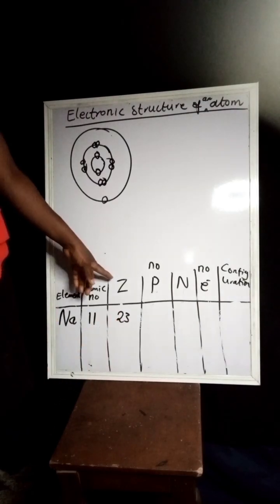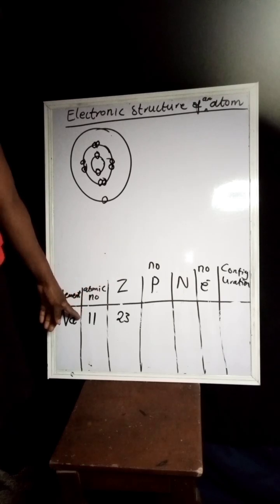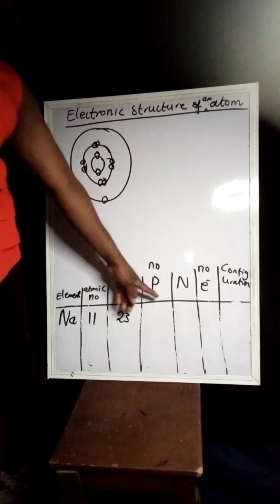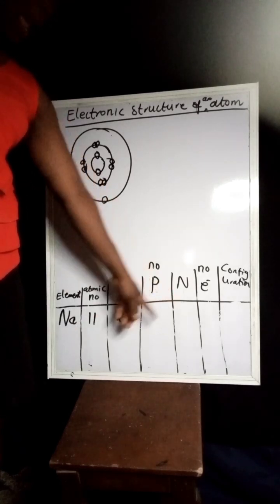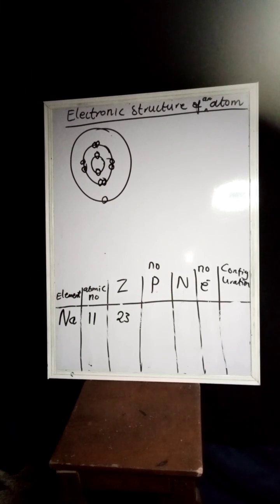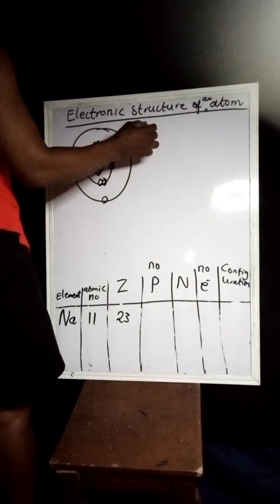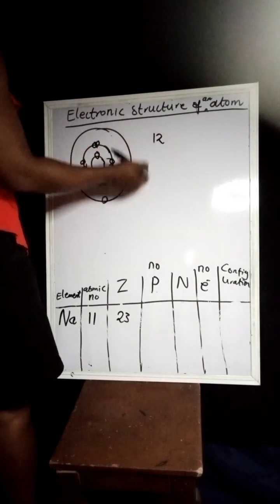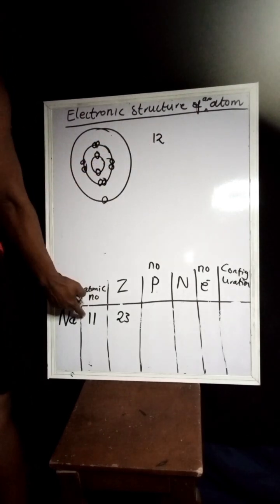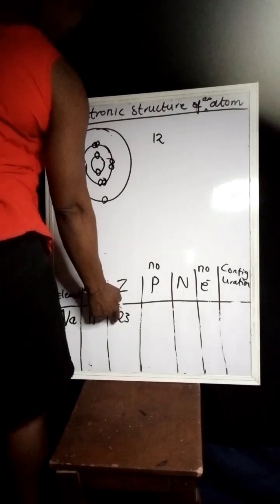We get the atomic mass by adding the proton number to the neutron number. The number of neutrons present in sodium is 12. So 12 plus 11 will give you 23.